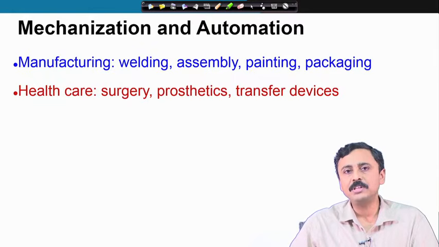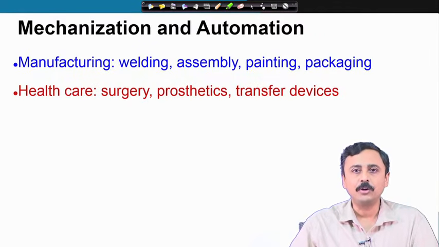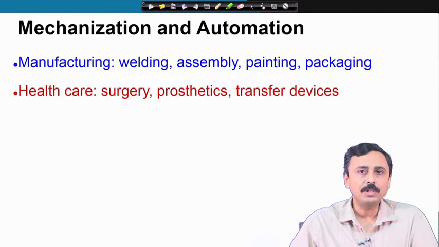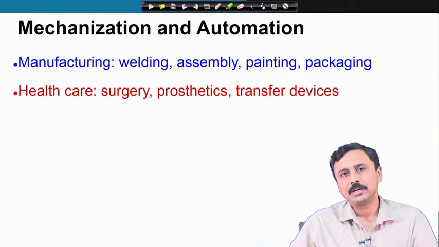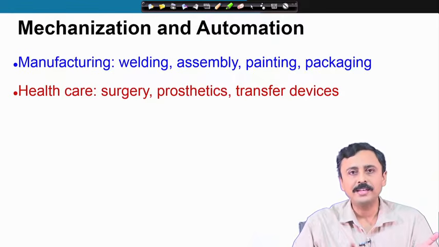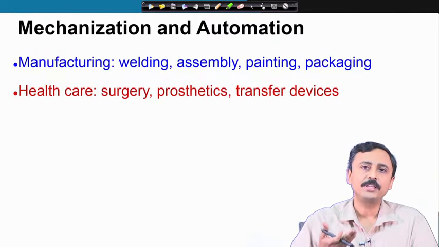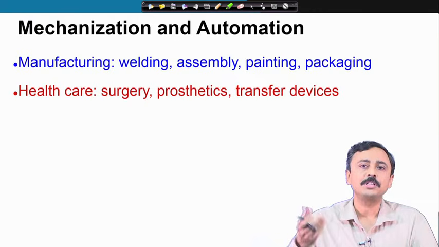Then we have these transfer devices for old patients or people with disabilities. There are devices which can take a person from lying down position to sitting position and from sitting position to standing position.